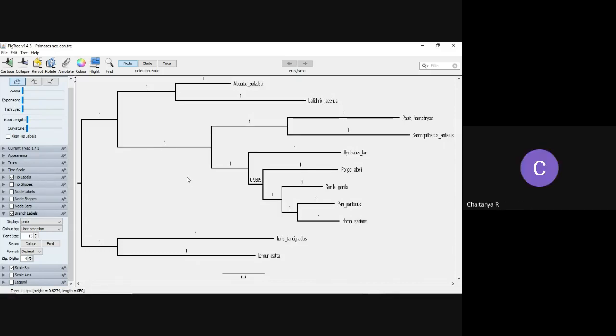Chaitanya, regarding the bootstrap support or posterior probability on branches, hypothetically, would the values on branches and nodes be very different or almost similar? I don't understand the question actually. No, I think I understand it. Usually they are similar when you're comparing likelihood and Bayesian.